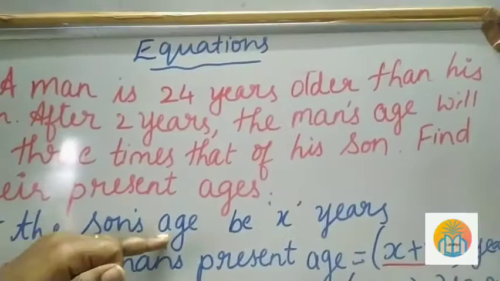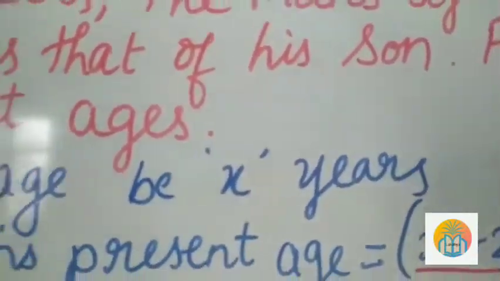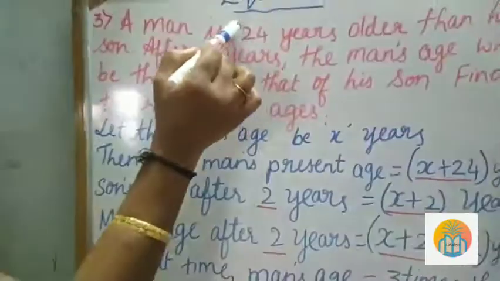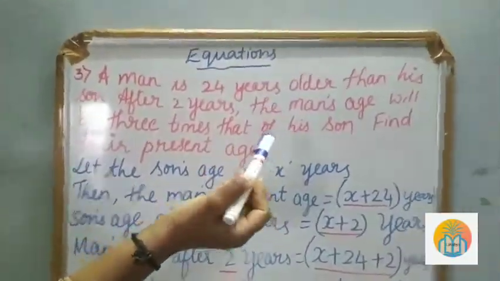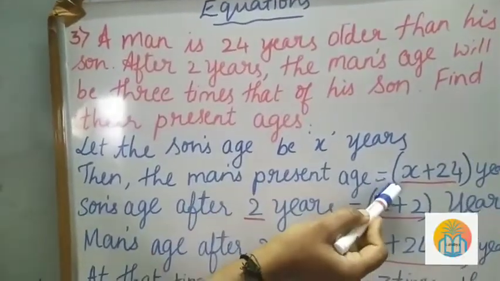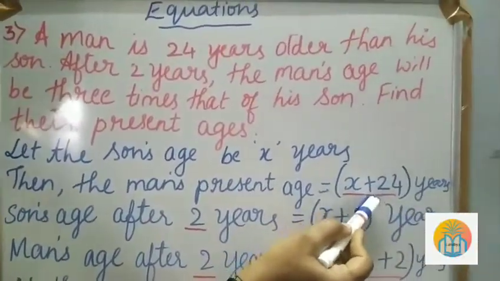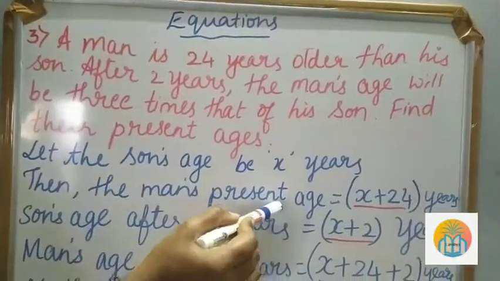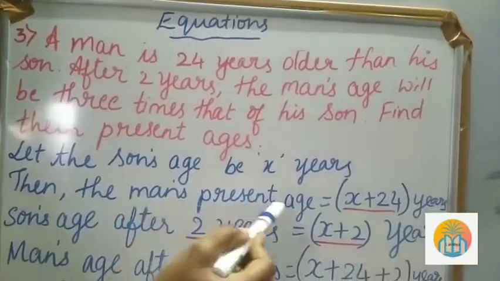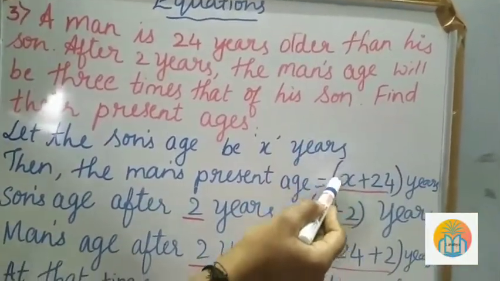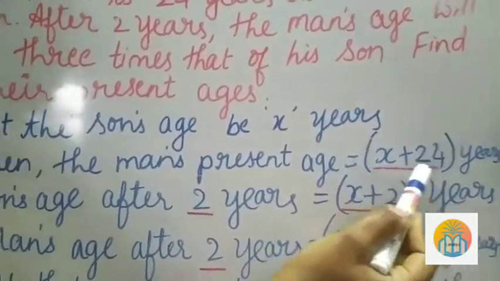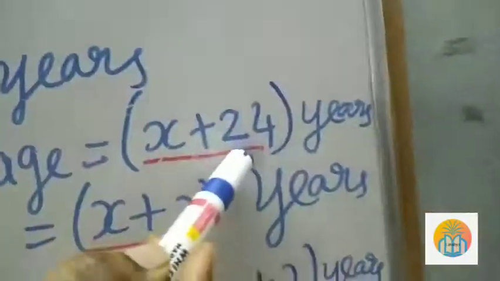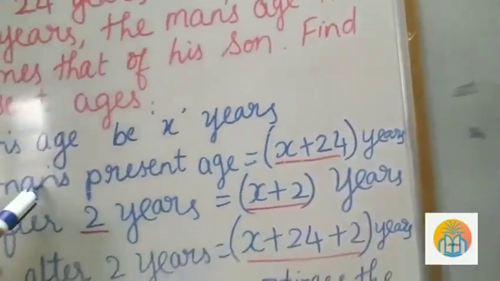If the son's age is x years, here they have given 24, so it is 24 years more than the son. So x plus 24 will be the father's age, that is, adding 24 becomes the man's age.